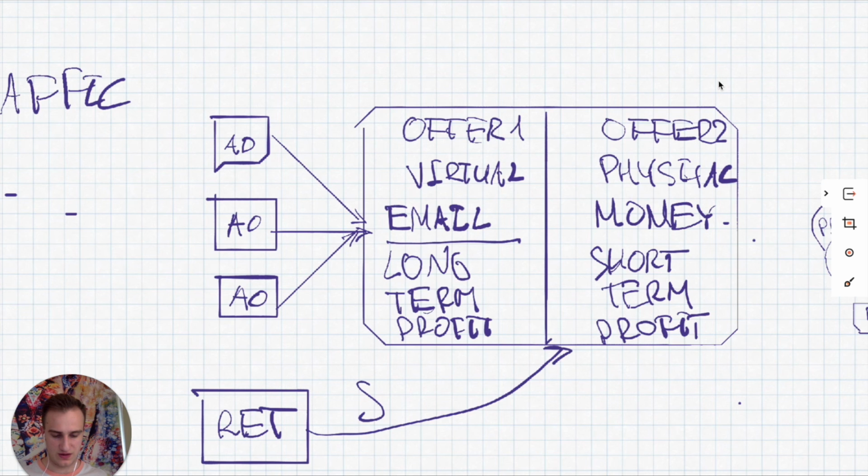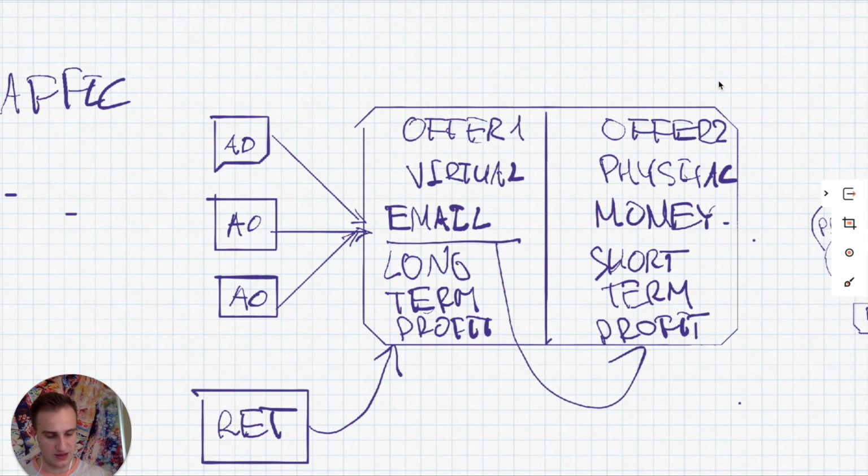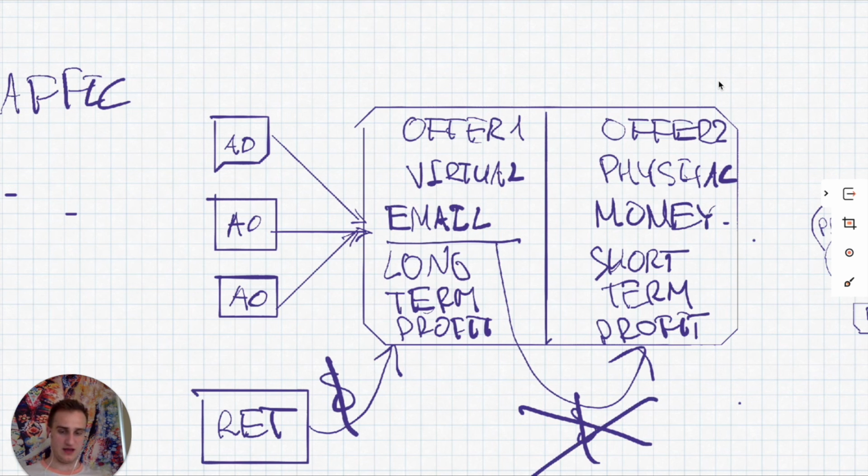But here, you should only retarget those who just visited your landing page and returned back, because all retargeting here will happen through the email, so you don't need to pay bucks here, okay? This is going completely for free. So this is how the system looks.